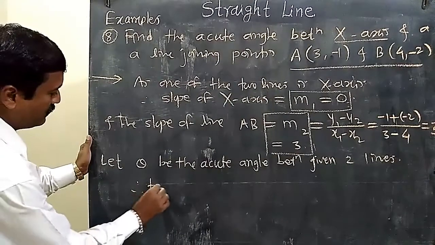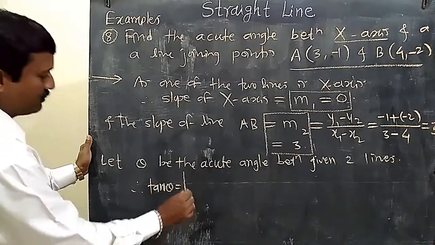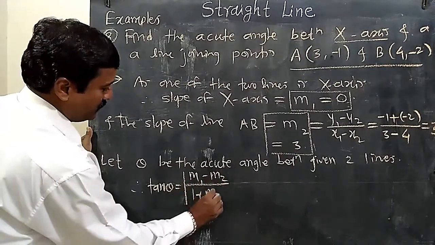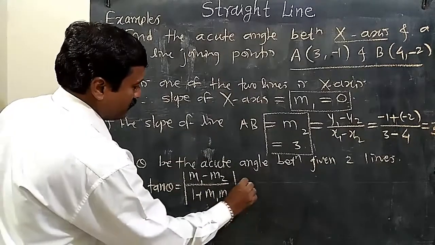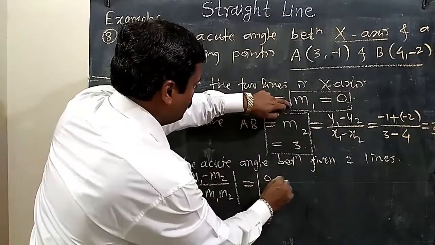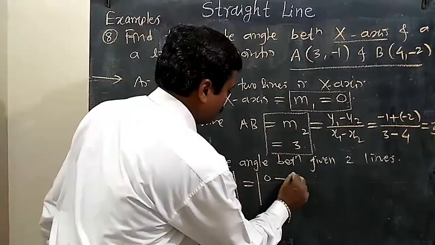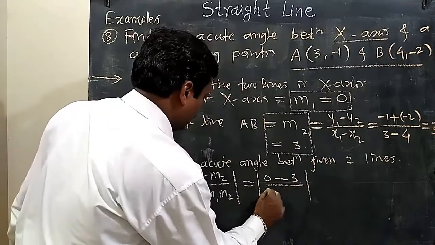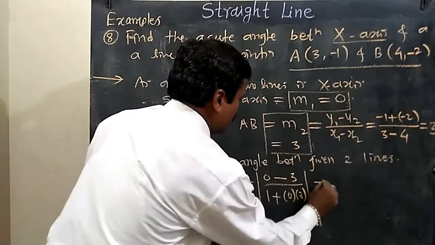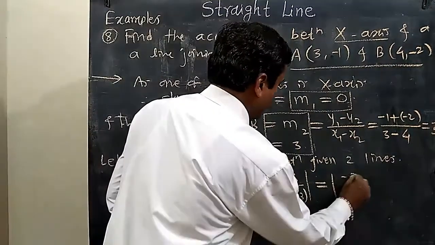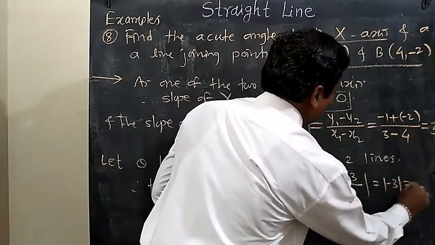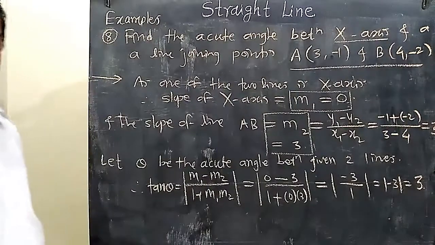Therefore tan theta is equal to modulus of m1 minus m2 upon 1 plus m1 m2. Now here m1 is 0, so mod of 0 minus 3, whole divided by 1 plus 0 into 3. So it is equal to modulus of minus 3 upon 1, which is equal to 3.